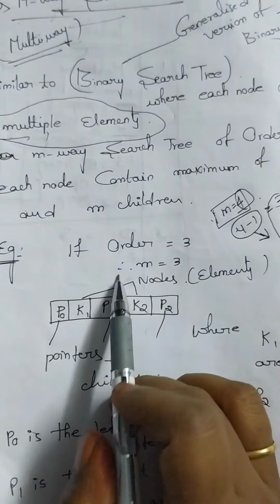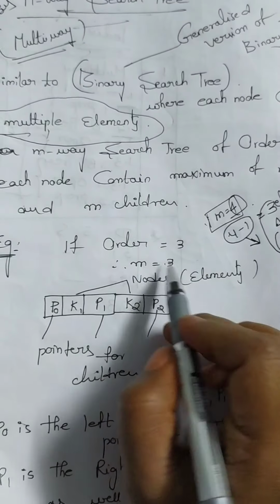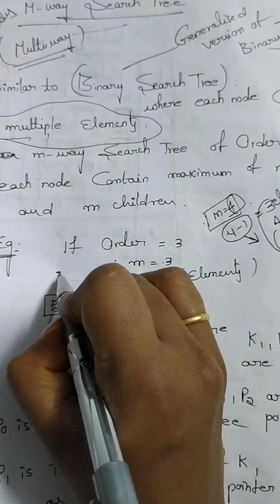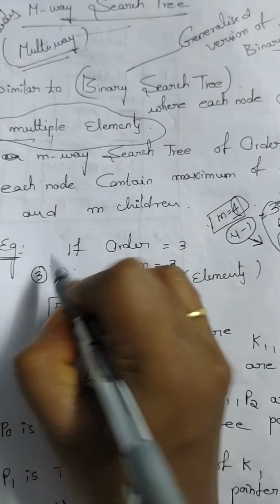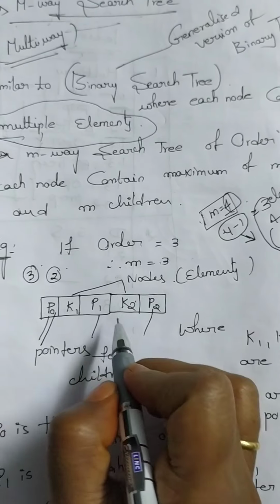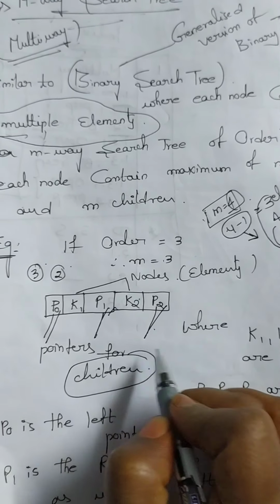For example, if order M equal to 3, the elements will be M minus 1, that is 2, and the pointers will be 3. Here P0, P1 and P2 are the pointers for the children.